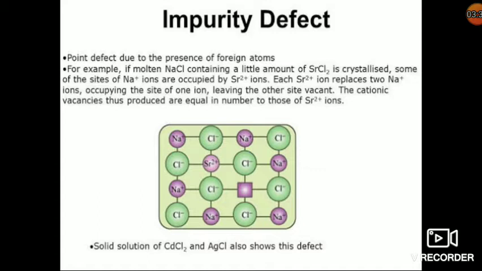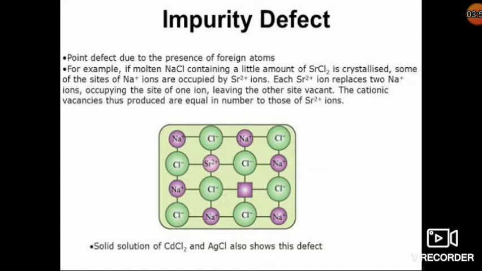Now, if one strontium 2 plus replaces sodium, it will replace two sodium ions, because the charge needs to be balanced. Electrical neutrality is important in the solid. So if one strontium occupies the place of sodium, then two sodium cations have to leave their space.